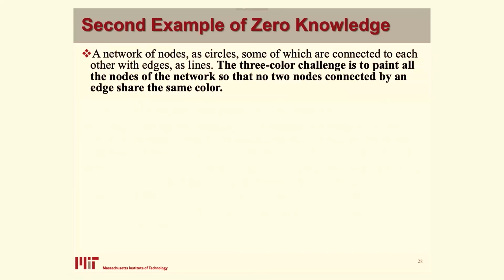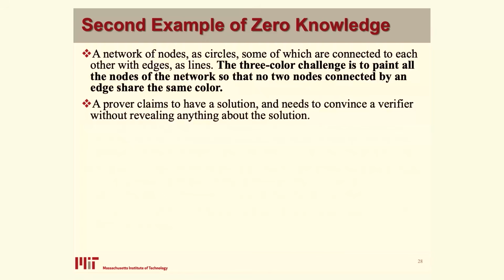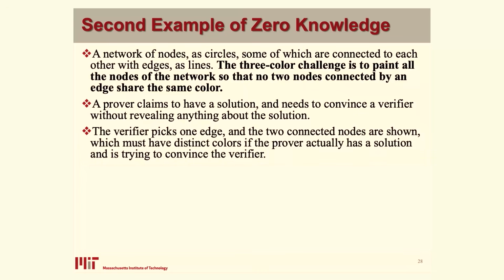Another example has to do with coloring nodes in a network in such a way that any edge connecting two nodes is supposed to be of a different color, and you only have 3 colors. I don't know if you cover this in your CS classes, but this is a well-known hard problem, and someone claims to have the solution. So again, I have my map, you get to pick 2 nodes.